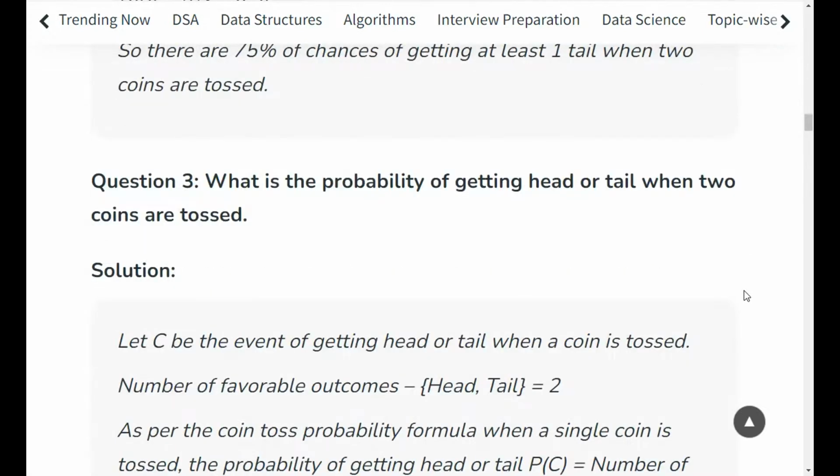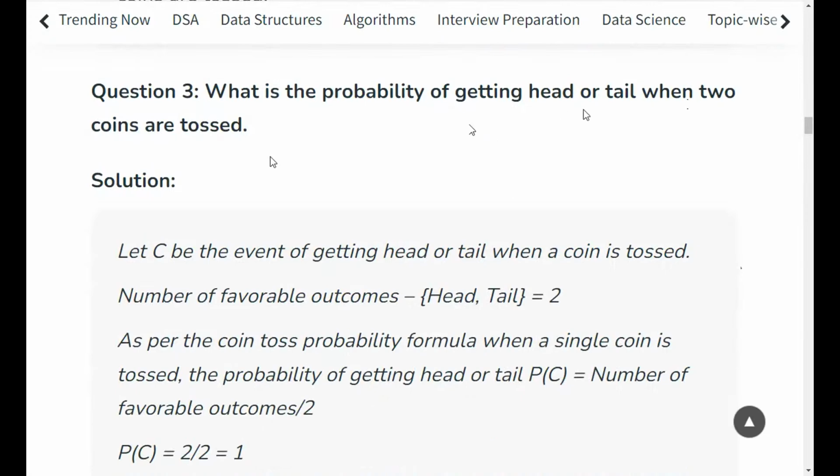What is the probability of getting head or tail when 2 coins are tossed? The same question, only the focus is here: head or tail. Okay. Let C be the event of getting head or tail when the coin is tossed.